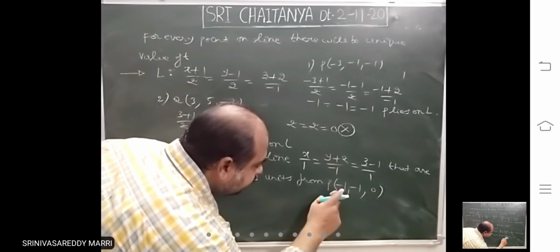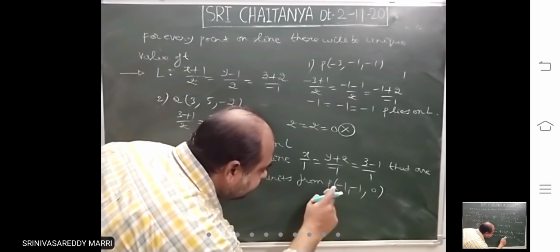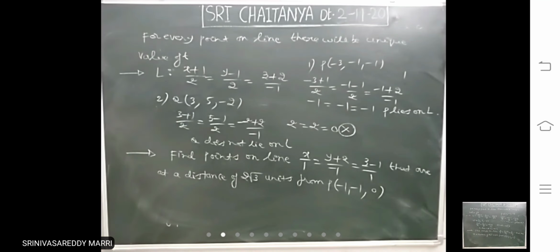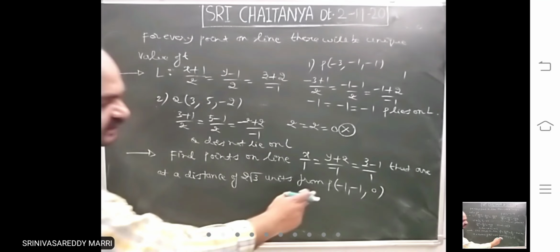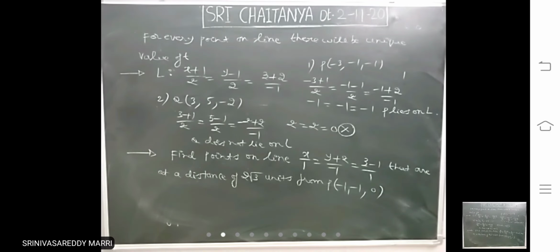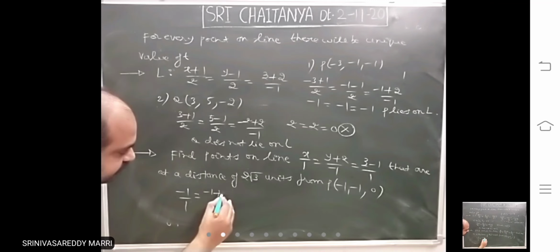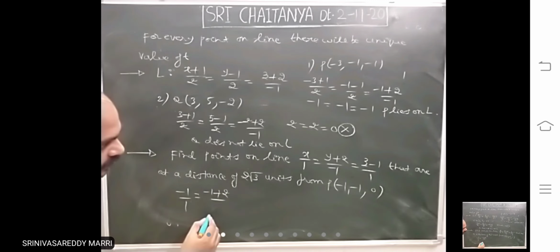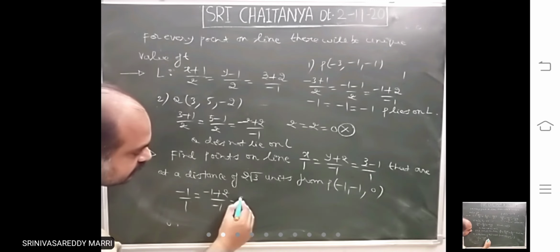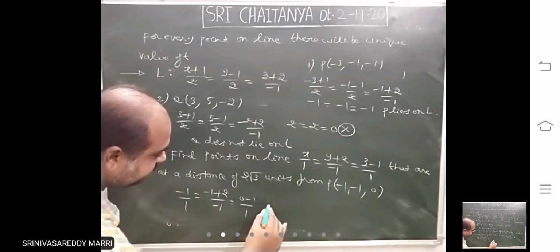First, when a point is given, check whether this point lies on the line or not. Whether it is on the line or outside the line, you can easily calculate. Suppose you check: minus 1 by 1 equals minus 1 plus 2 by minus 1 equals 0 minus 1 divided by 1.